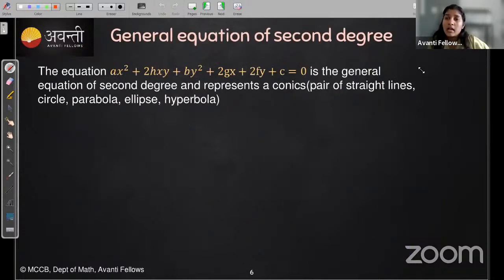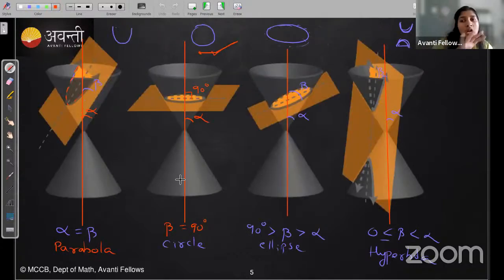Next. So here you can observe what we have done: we have represented this conic section geometrically, how we can create a conic section and how it looks. How do we represent them algebraically? Of course, that question arises, right?